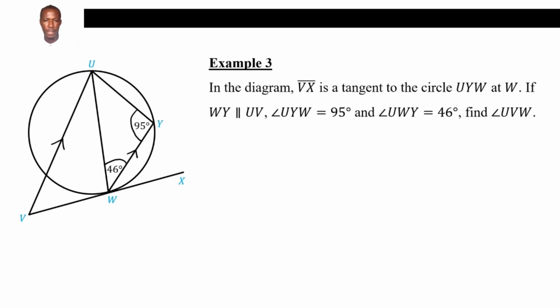Example 3. In the diagram, line VX is a tangent to the circle UYW at W. If WY is parallel to UV, angle UYW is 95 degrees and angle UWY is 46 degrees.